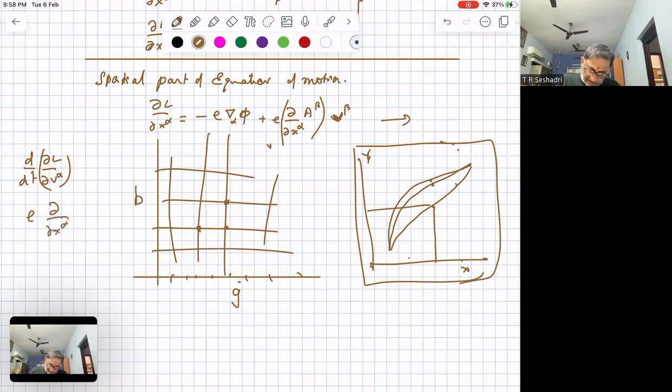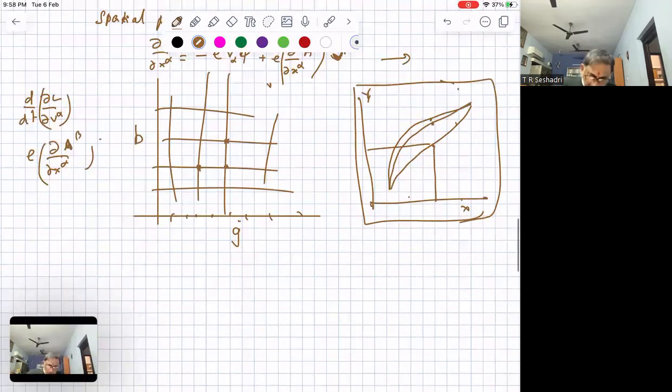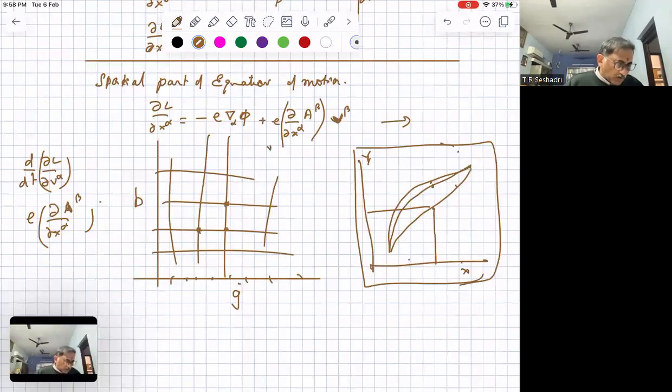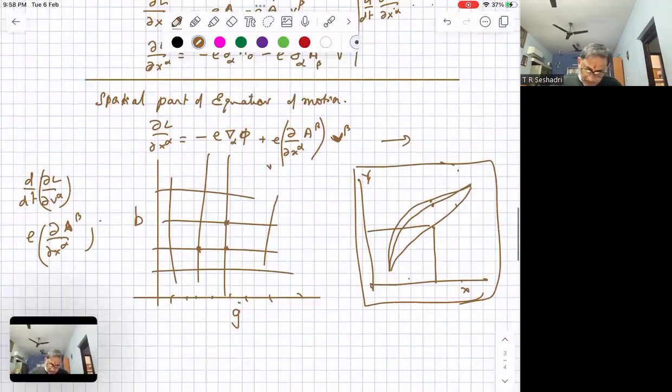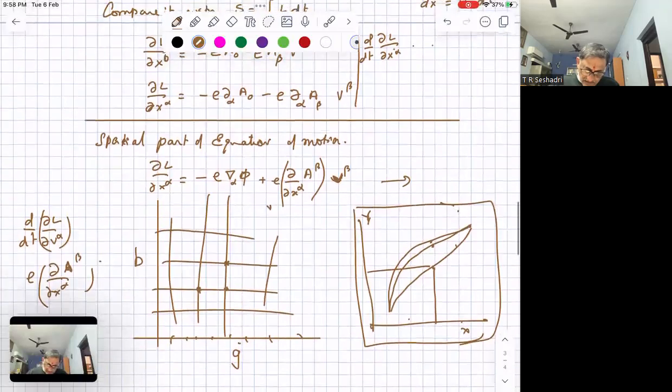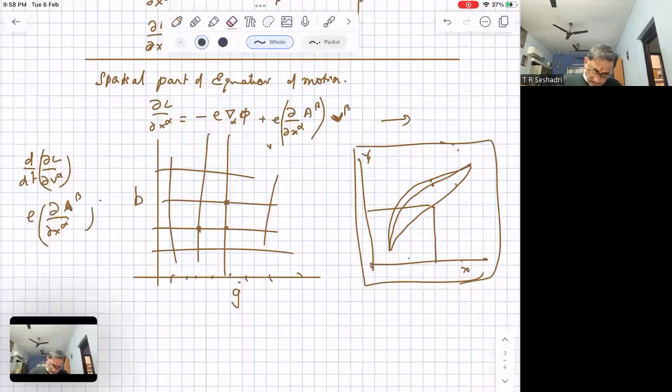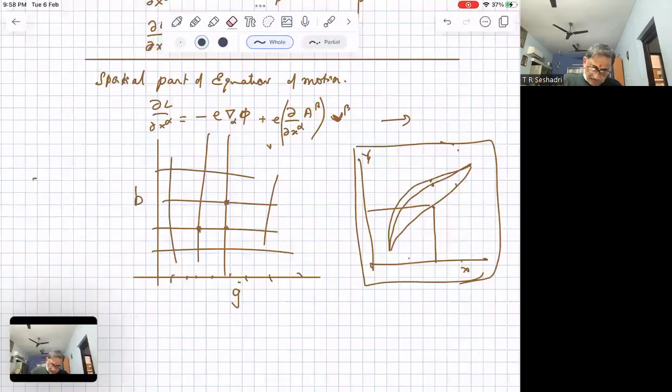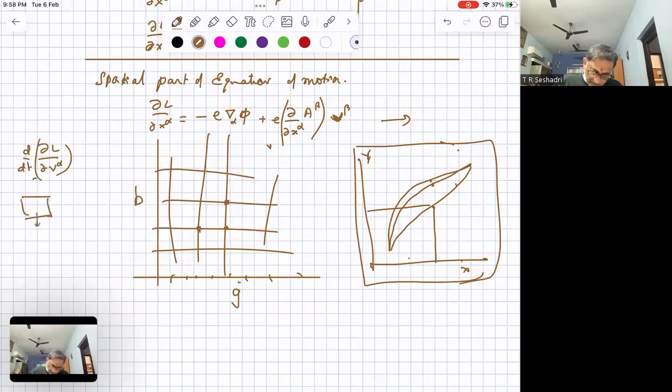It will have two portions. One portion from the mechanics will give me something like m dv alpha by dt, the mass into acceleration.